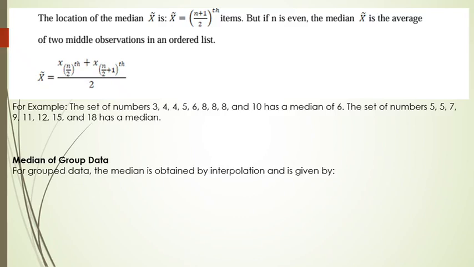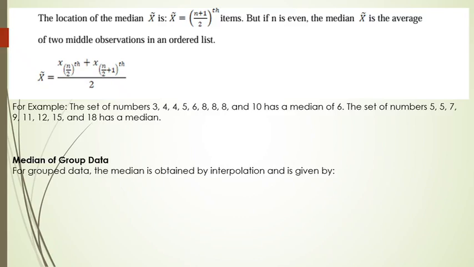So if n is odd, it will be n plus 1 over 2. Example, for the set of numbers 3, 4, 4, 5, 6, 8, 8 and 10, the median is 6.